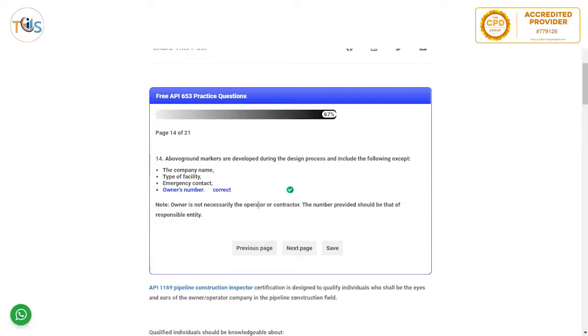Is it oil, gas, utility? What is the emergency contact? And the owner's phone number might not be the actual people who operate that. So when you talk to the one call center, they know who to talk to if you don't have the number.